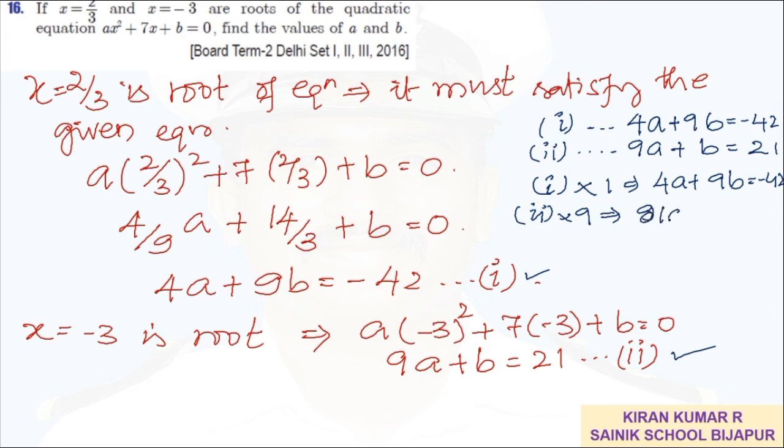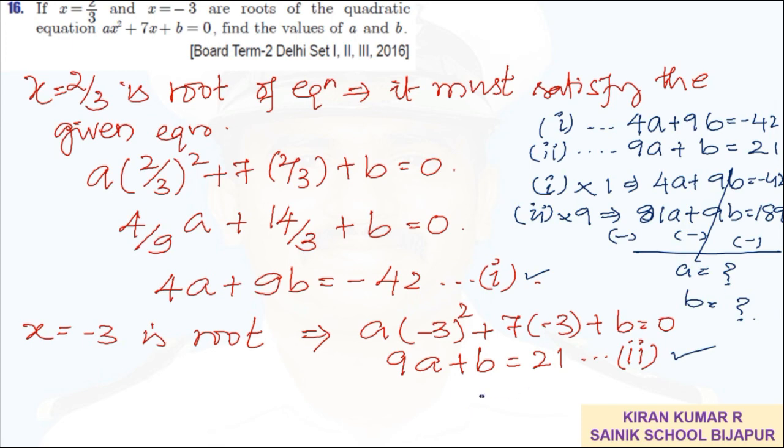This will be 81a plus 9b equal to 189. Now subtract, you will be getting the b term cancelled, so the a value we can find. Similarly, the value of b also can be found.